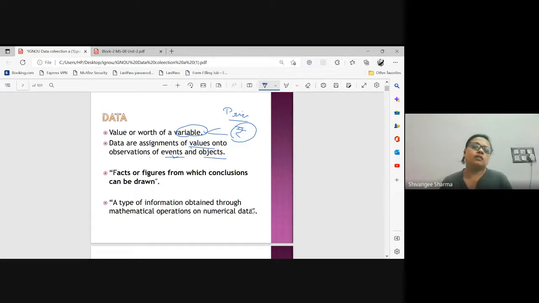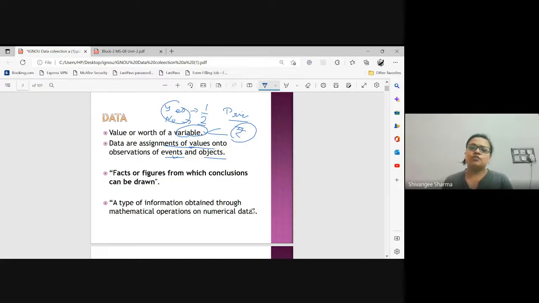And when you convert this data into numerical form, then we say assignment of values. So if your answer is yes and you give one value to yes, and if your answer is no and the value given to no is 2, then this is what assignment of values to the particular data, which is yes or no, means, in this very small problem which I took.